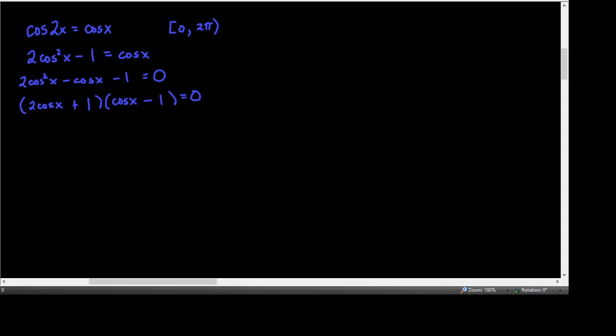So if this product equals 0, that means that either cosine of x will equal negative 1/2, or cosine of x will equal 1. Okay? So, thinking about cosine, since it's x over r, cosine will have a negative 1 over positive 2 at 2 places.